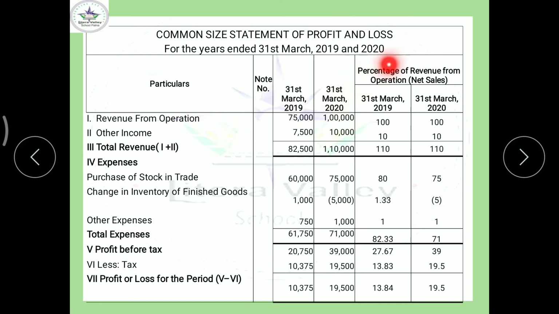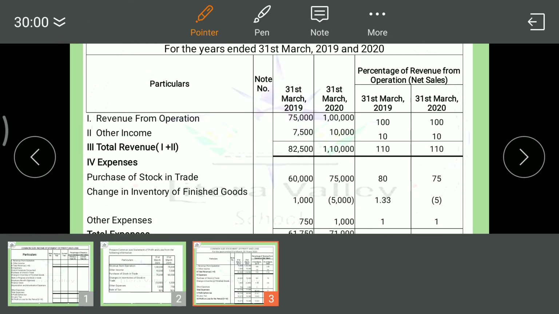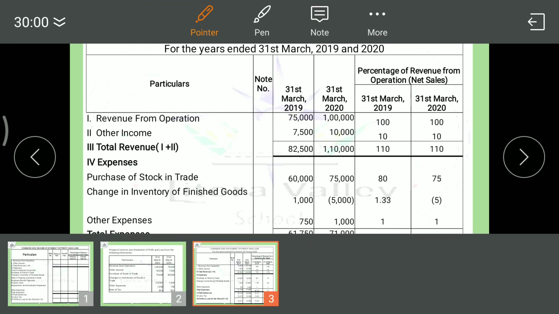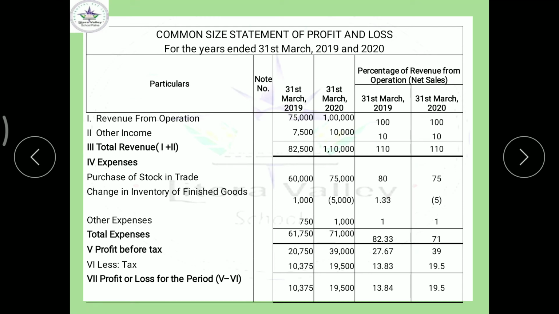Here, 1 lakh divided by 1 lakh into 100. So it is 100%. Now 7,500 divided by 75,000 is equal to 10%. Same, 10,000 divided by 1 lakh is 10%. So for each component, as I told you, you have to go with reference to this amount only, revenue from operations. Okay.